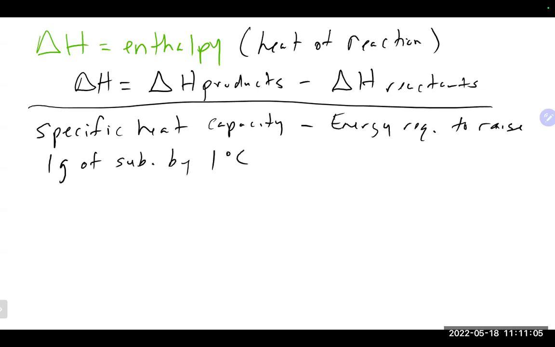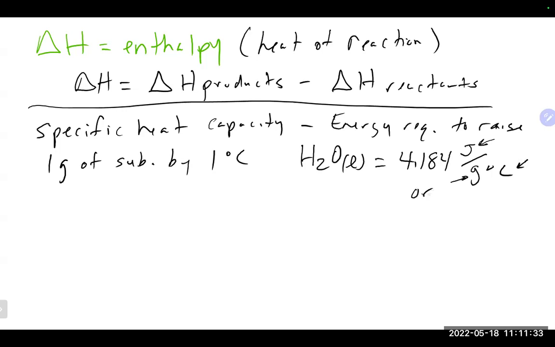And that's why specific heat capacities have 3 different units. We oftentimes remembered our favorite one, which is the specific heat capacity of liquid water, which is 4.184 joules per gram per degree Celsius. That is the definition: the amount of energy, joules, required to raise 1 gram of a substance by 1 degree Celsius. So that is really why it has all 3 of those units there.